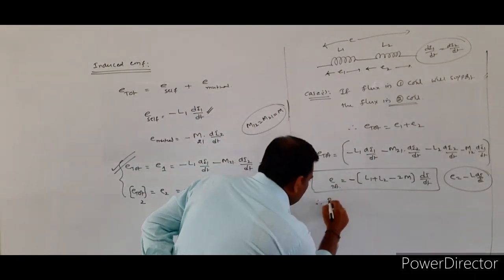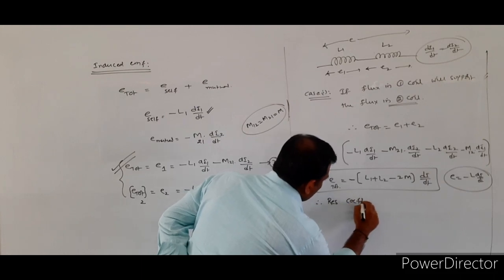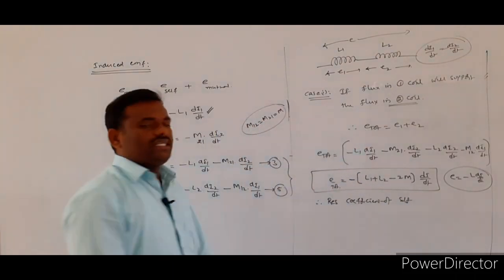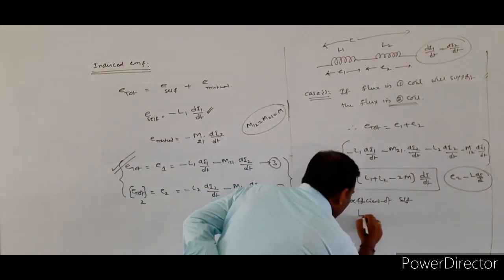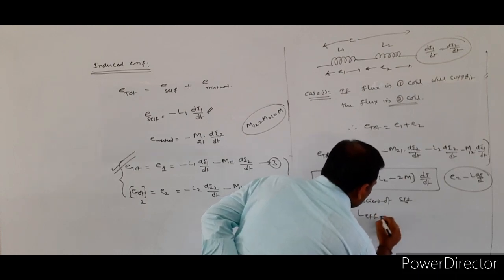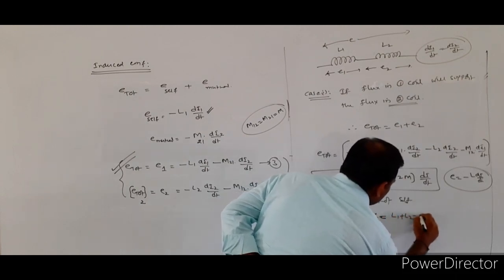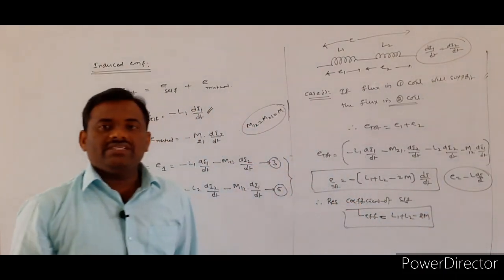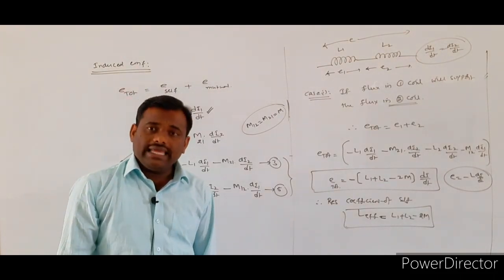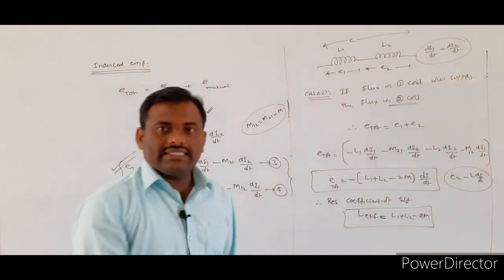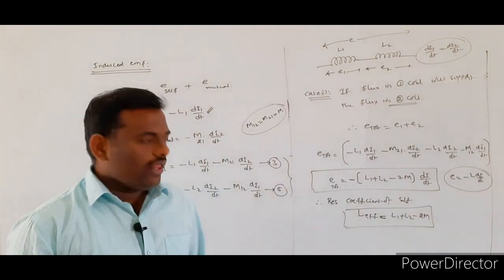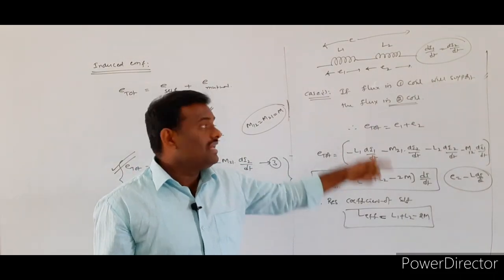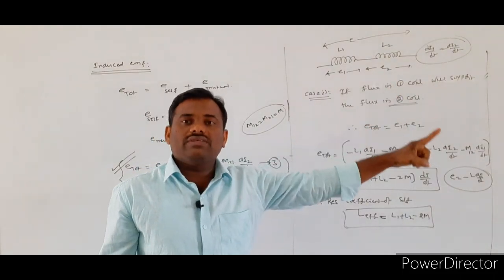Therefore, the resultant coefficient of self-induction, L effective, is equal to L1 plus L2 minus 2M. That is the resultant expression for the coefficient of self-induction when they are in series and their fluxes support each other.